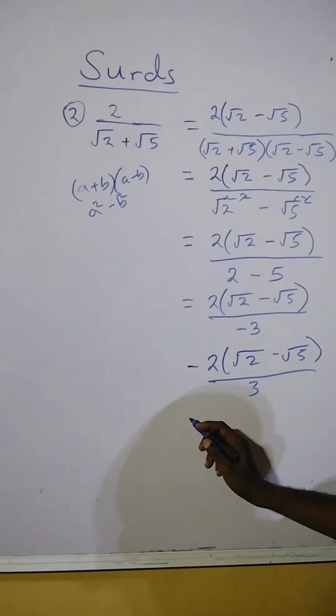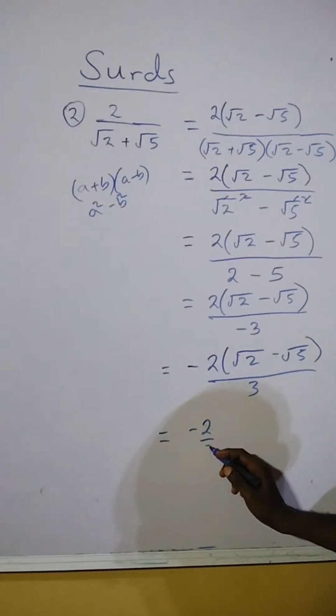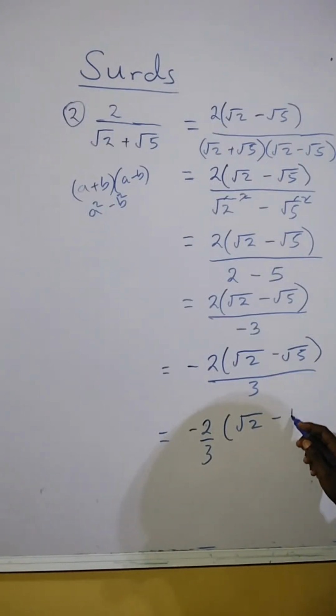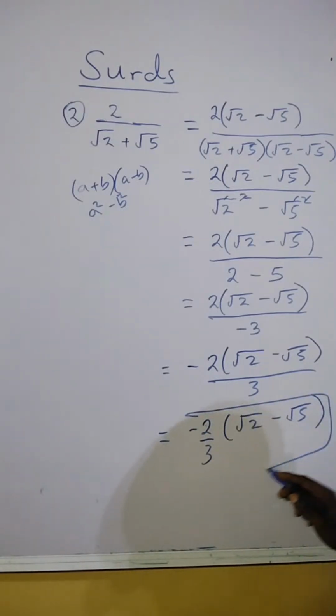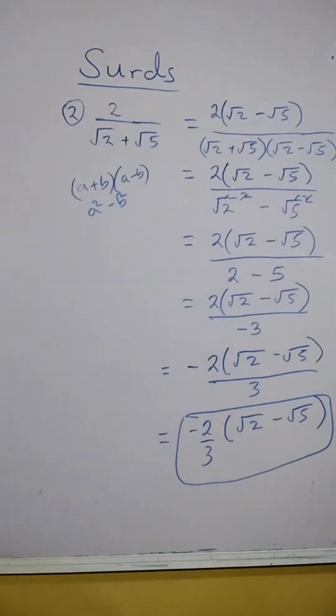Or better still, this becomes minus 2 over 3 into brackets root 2 minus root 5. So we have this here as the simplified form of this given problem. Okay?